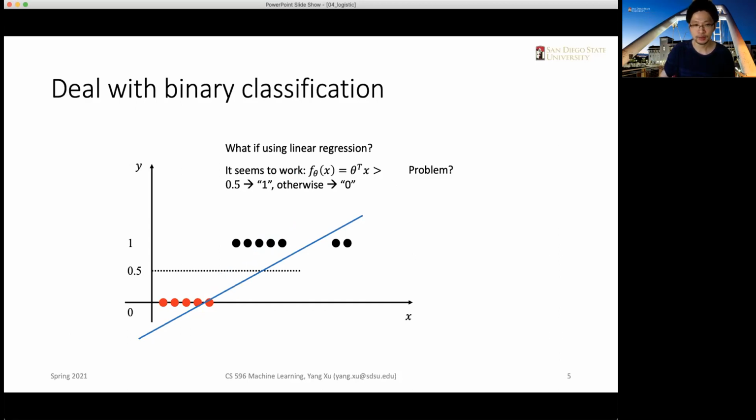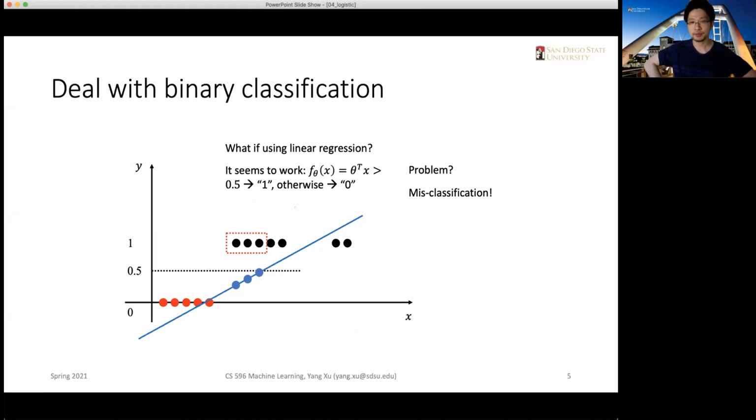If you look at the predicted values for these data points, all the predicted values fall onto the linear line. So for these data points here, their predicted values would be these 3 blue dots, and they are below the threshold of 0.5.